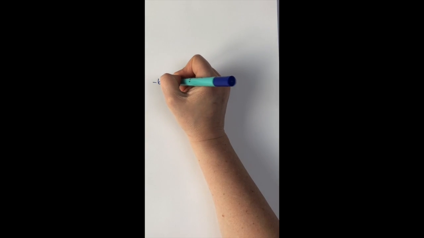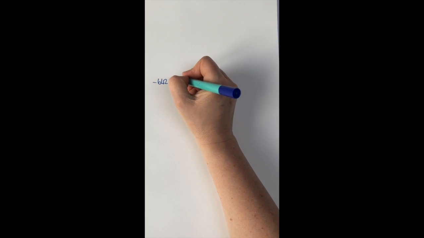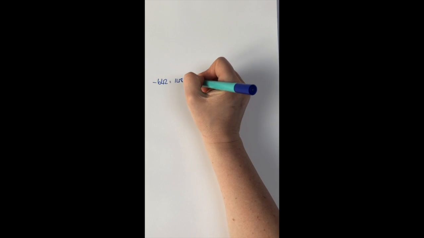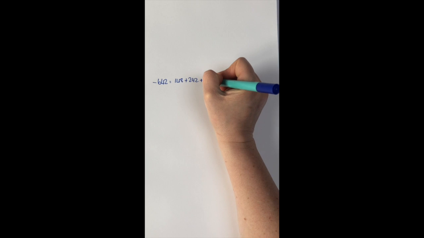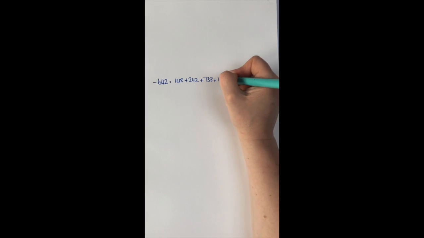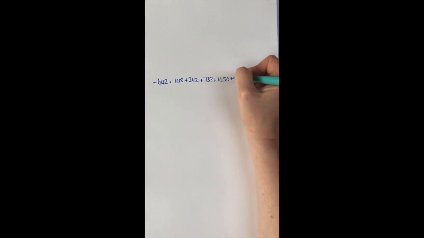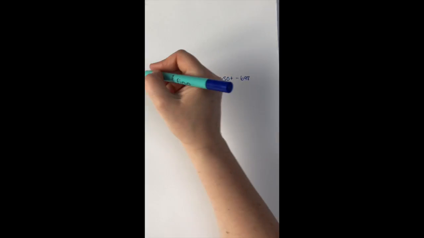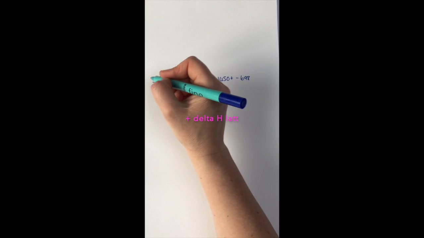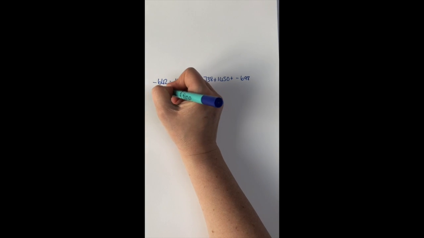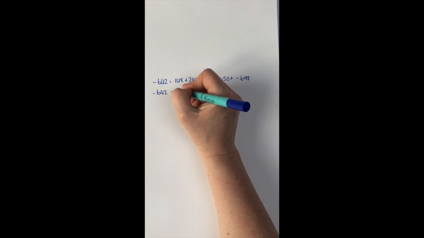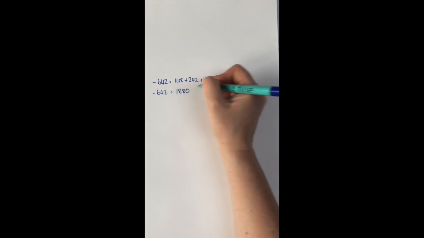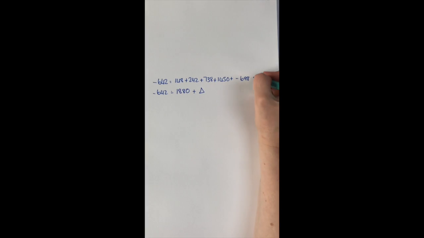So -642 is equal to the sum of 148 plus 242 plus 738 plus 1450 plus -698. And so what we can say is that -642, once we've added all those up together, comes out as 1880 plus, oh, I forgot to add that in there, plus of course our delta H lat.